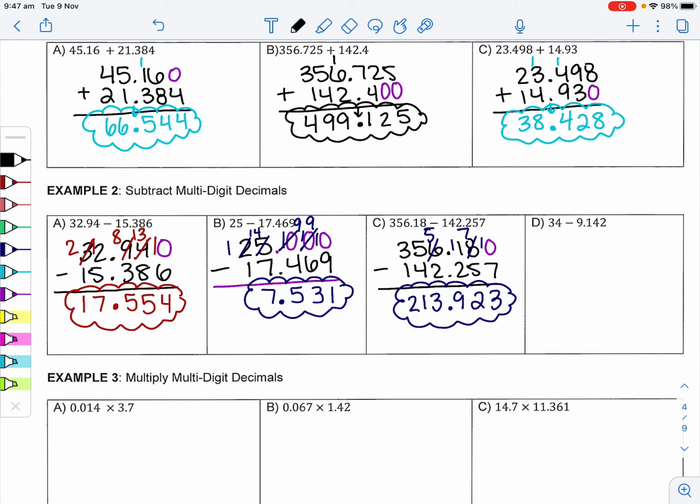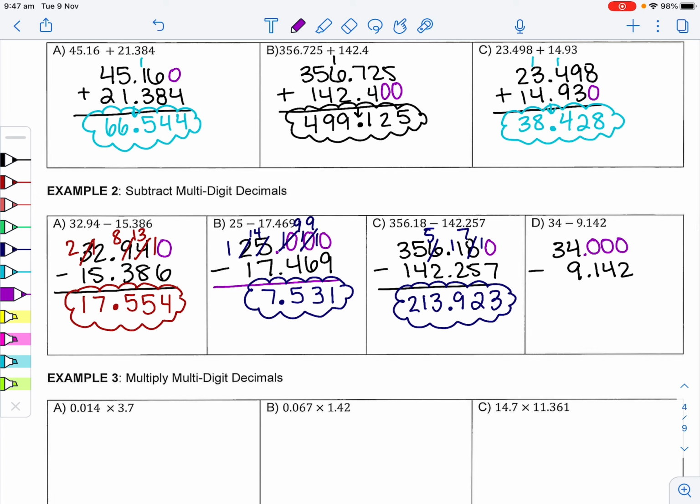Part D is very similar to Part B, where I'm going to have to add a few zeros and then borrow across the top number. So it's going to be 34 minus 9.142. And I'm going to add the decimal and 3 zeros. So I'm going to borrow from the 4, borrow from the 10, borrow from the 10, and then make this into a 10.